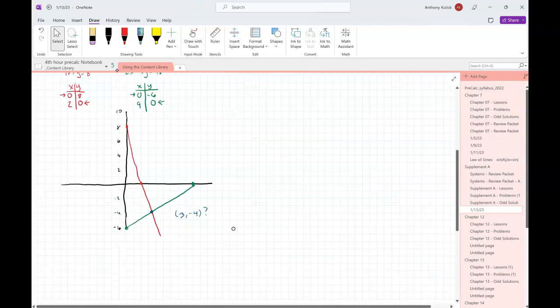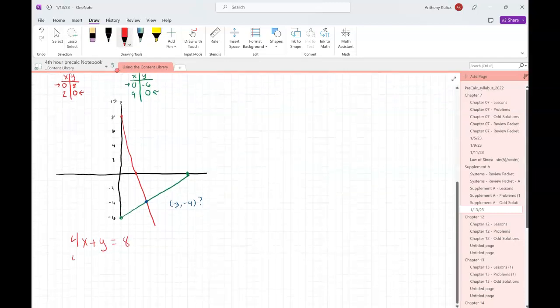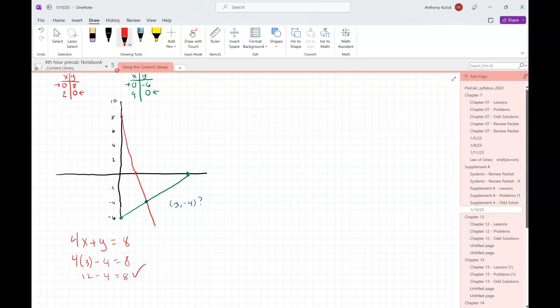Well, I can plug 3, -4 in for each of my two equations and see if that satisfies both equations. So it satisfies the first equation.